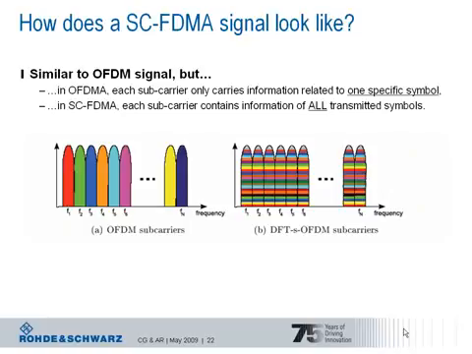When we compare classical OFDM used in the downlink and single carrier FDMA or DFT spread OFDM used for the uplink, we can say that in OFDM each subcarrier carries only information related to one specific symbol. This is indicated by the color used for the subcarriers, as you can see on the left-hand side of the graph.